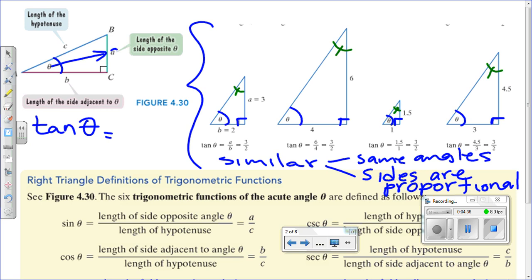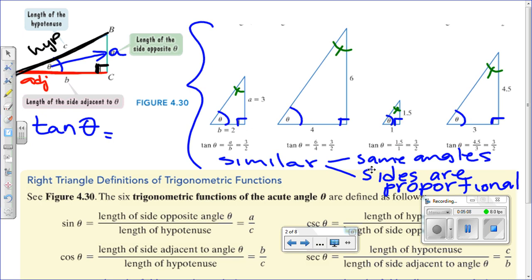And so that's A. In this case, the adjacent side is the one that actually forms the angle. And then, of course, the hypotenuse is always going to be opposite to the biggest angle. In fact, for any triangle, the biggest side is opposite to the biggest angle. So the hypotenuse is always opposite to the 90-degree angle.